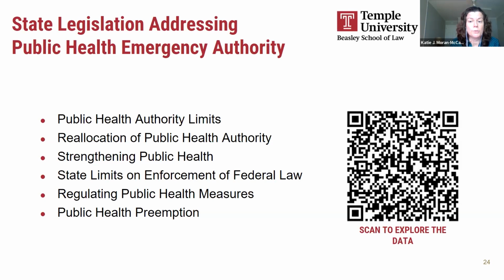All of them are longitudinal tracking bills that were introduced between January 1st, 2021 and May 20th, 2022. And the data set regulating public health measures, that's the one I mentioned a minute ago, captures the specific measures that were the subject of the bill. So for example, vaccine measures, mask mandates, businesses or school closures. So you can scan the QR code here or visit Law Atlas to explore these data sets if you're interested. Next slide.